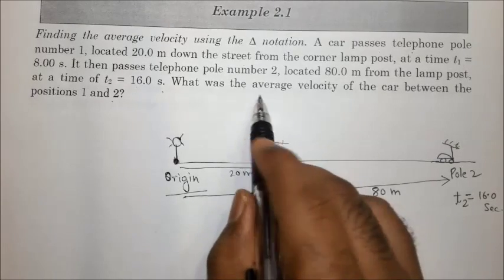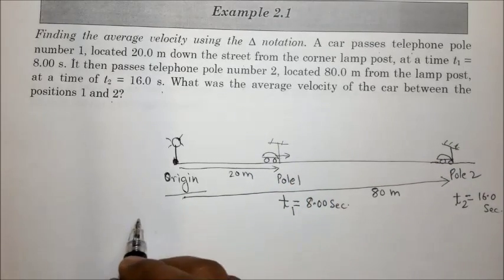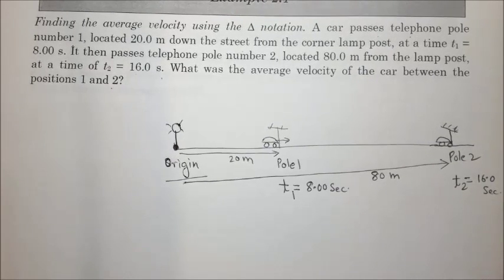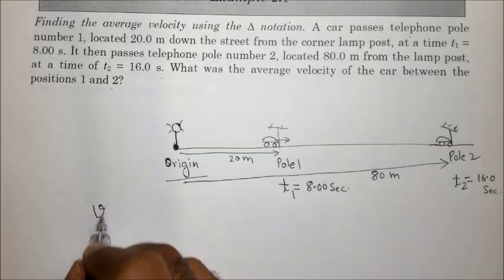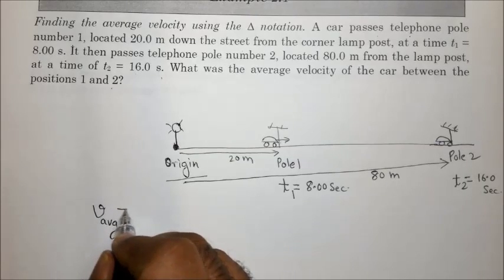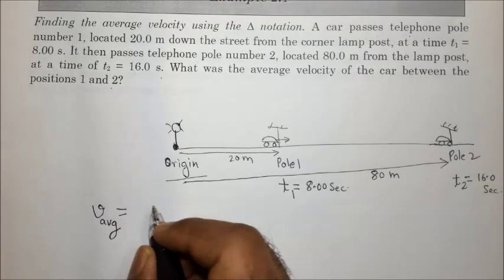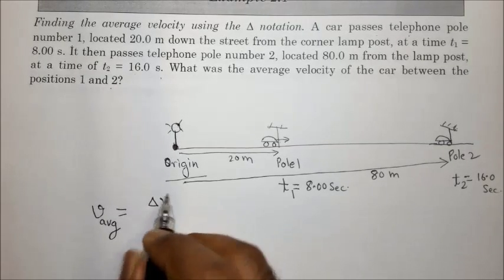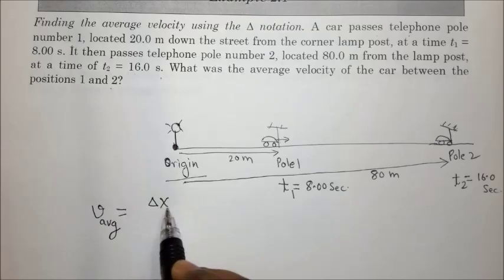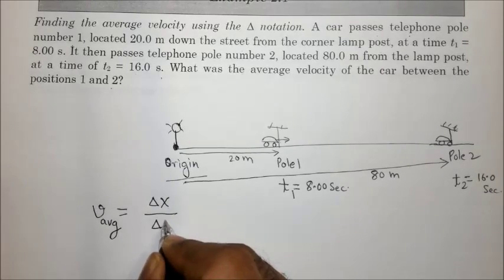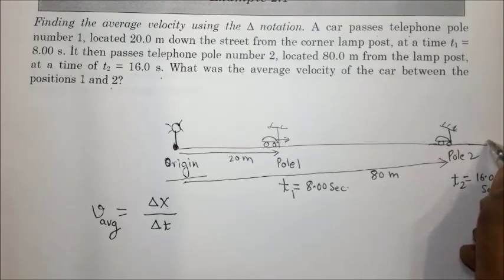So what was the average velocity? How do we get average velocity? What is the formula for average velocity? V average is delta x, change in position, over change in time. Suppose this is your x-axis.